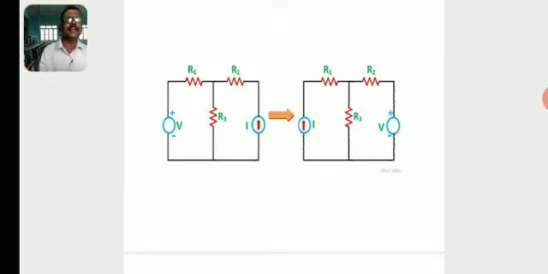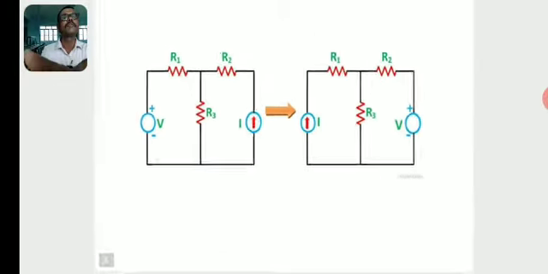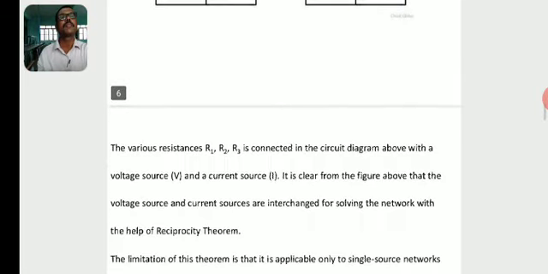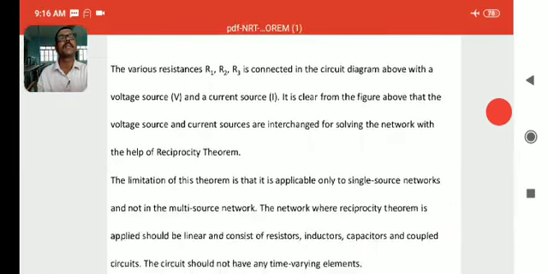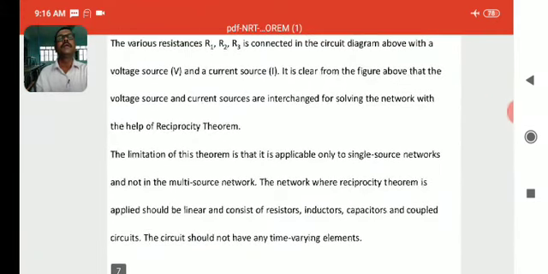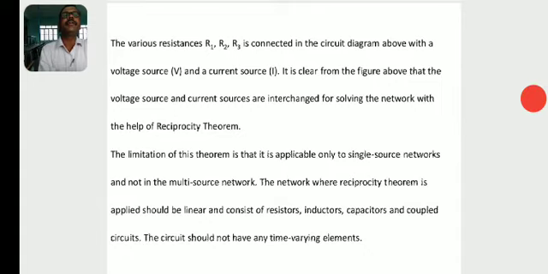On the right side, the current source and voltage source are interchanged. There is no change in the current, both in magnitude and direction. The resistances R1, R2 and R3 are connected in the circuit diagram.